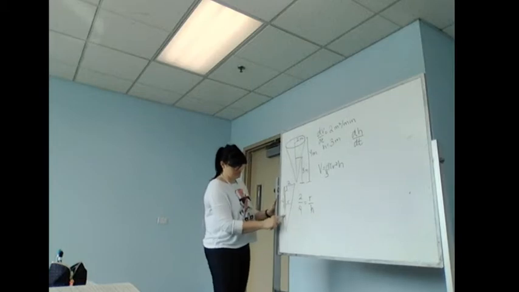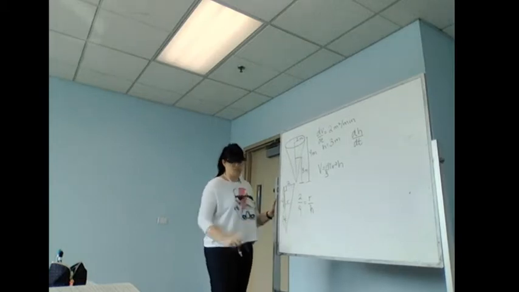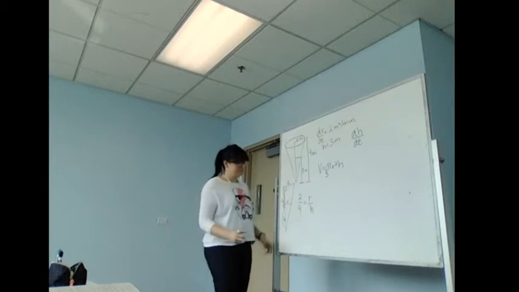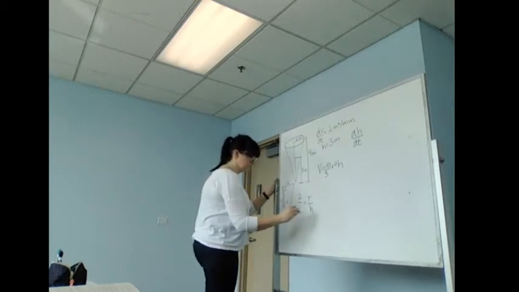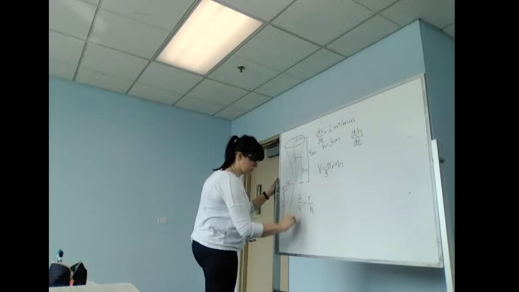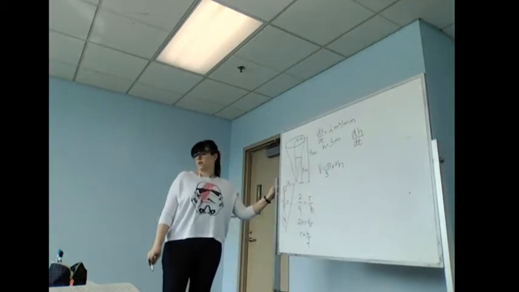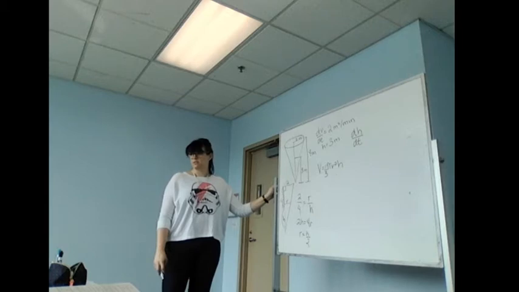So you want to get a more generic term. So we're going to have 2h equals 4r, or r equals h over 2. Does this make sense?